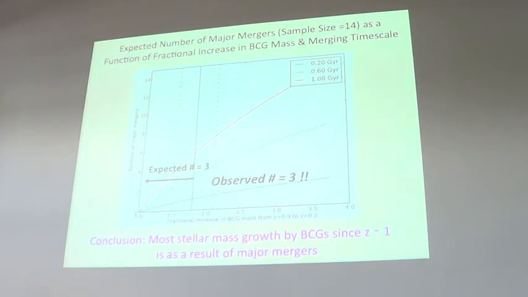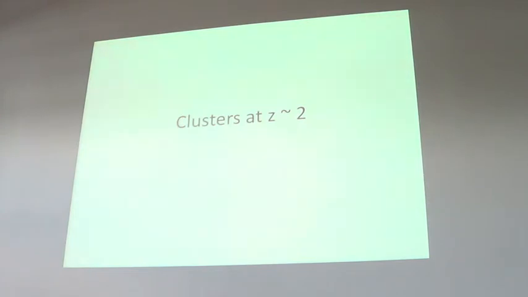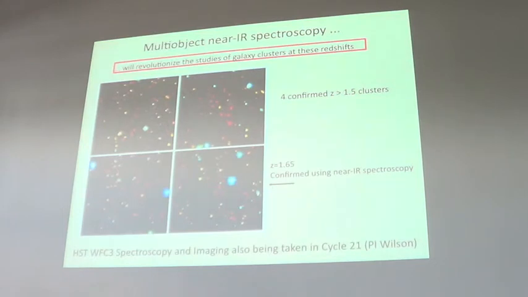All right, so for my last minute or two, I'm going to talk about where we're going from here. We're pushing out in redshift. We have managed to confirm some clusters, in this case 4 above redshift 1.5.